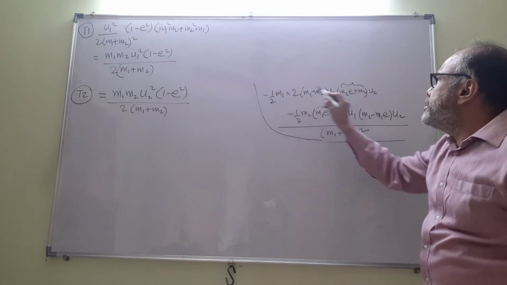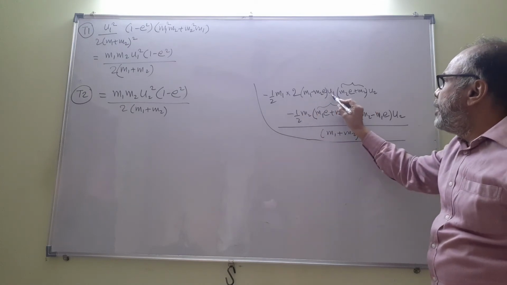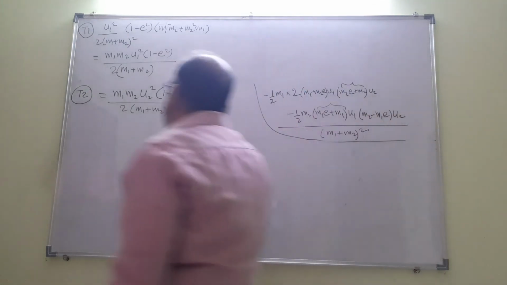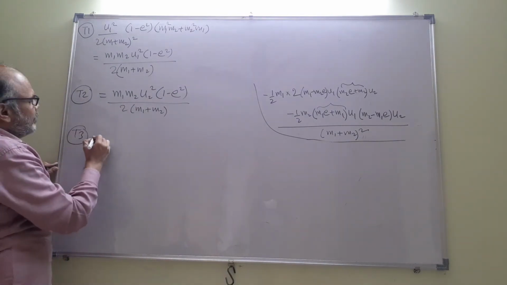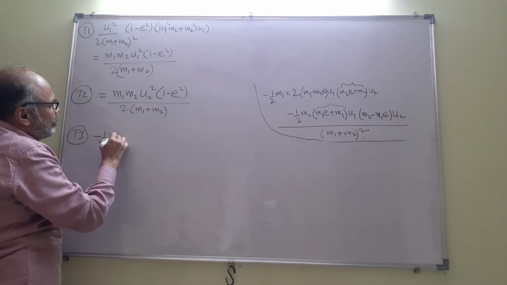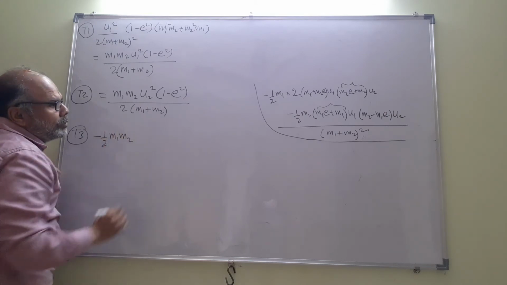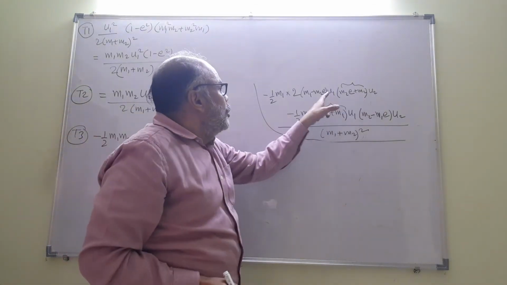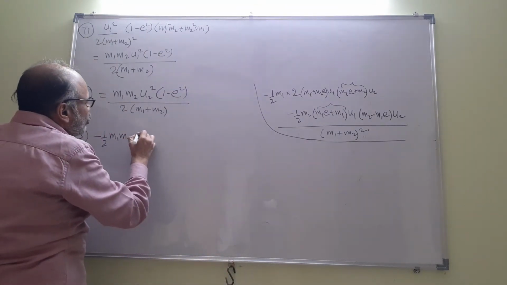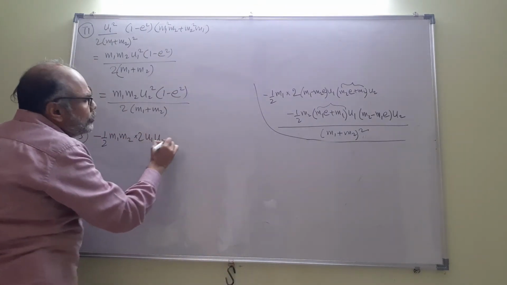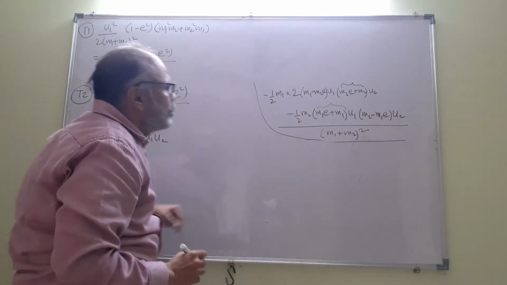So m1, m2 and we have u1, u2. So I can bring all that outside. This is the third term. That will be minus half m1 m2. I removed m2 common here. u1, u2, so that I have put as 2u1 u2. 2 is there, 2u1 u2.